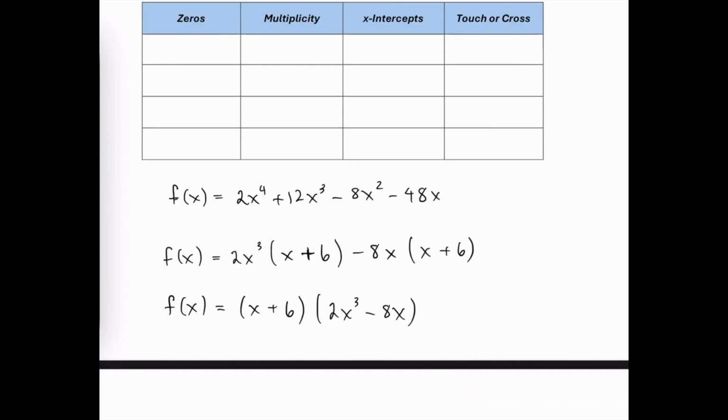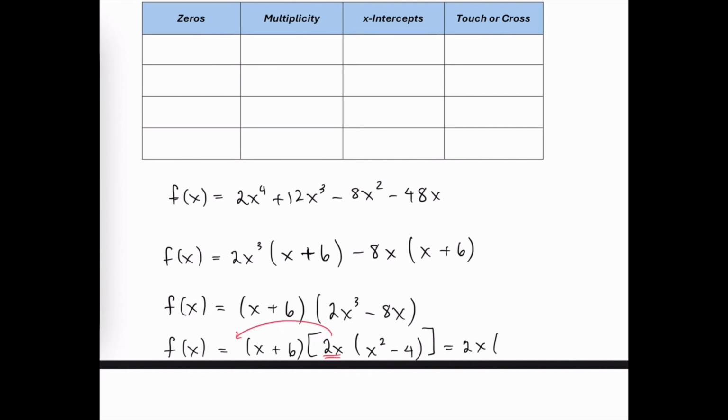It doesn't factor anymore, but this factor does have a common factor again of 2x. So we'll copy paste the left-hand side and the x plus 6. We're going to pull out the 2x here, and what remains is now going to be x squared minus 4. In order to make this as clear as possible, I'm actually going to pull this 2x factor all the way to the front of our polynomial.